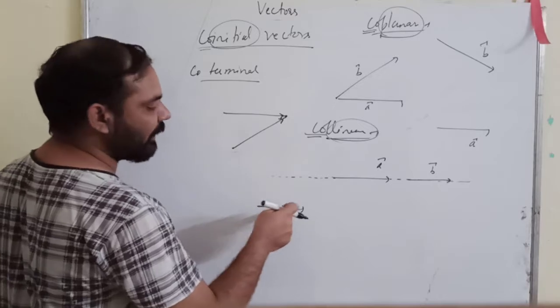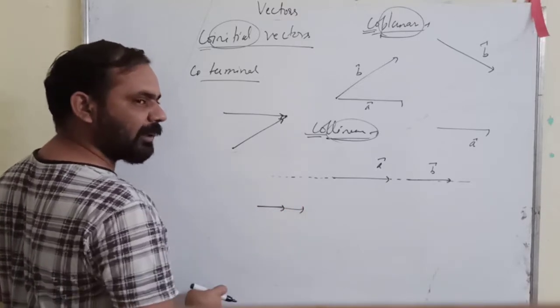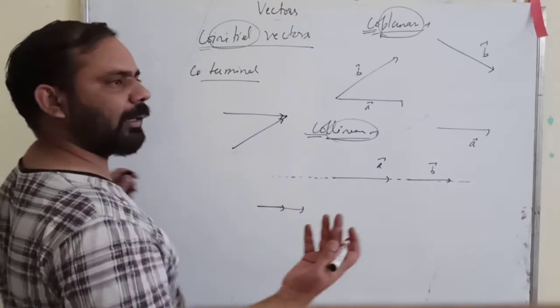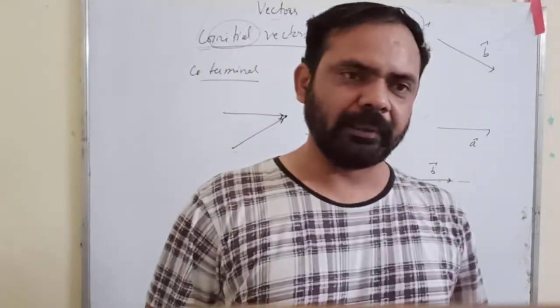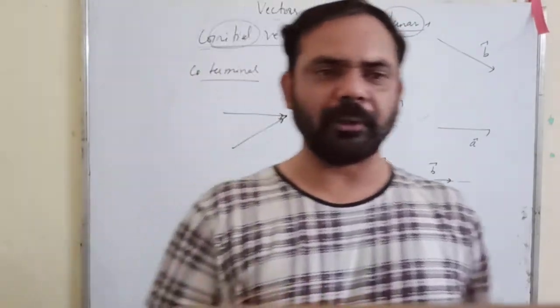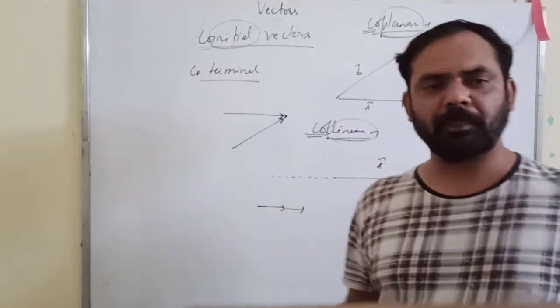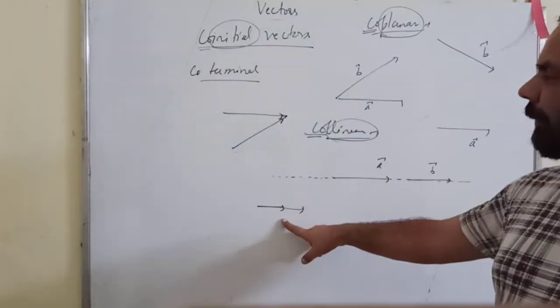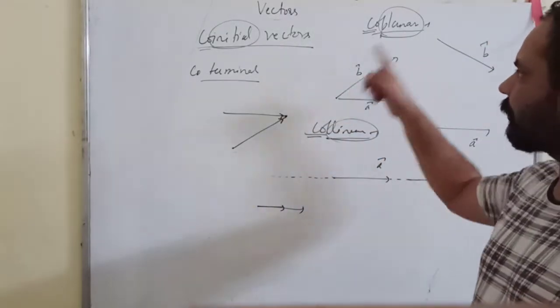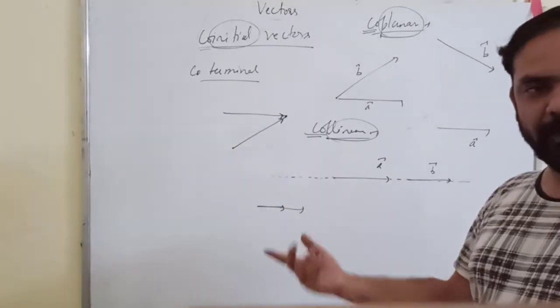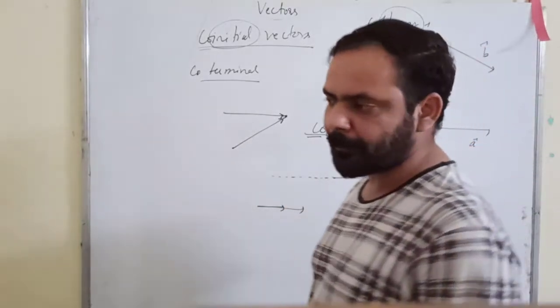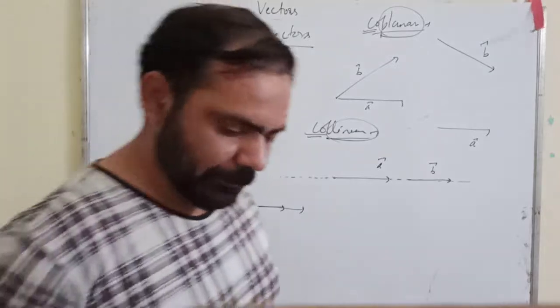Yes. Are they co-terminal? No. They have different terminal points. So a vector can have different types of properties. These are actually the properties: co-initial, co-terminal. A vector can have more than one property. At the same time it can be collinear also, coplanar also, co-initial also. It's not a problem.